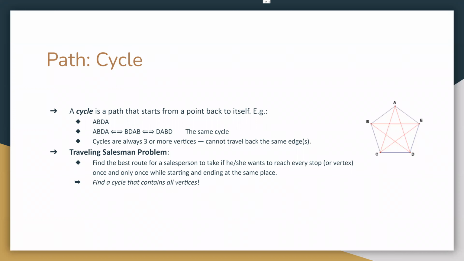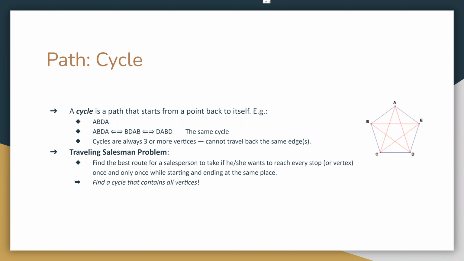What that problem asks you to find out is that on a map, where you have cities and roads between these places, or villages and roads, the problem asks you to find a cycle that contains all the vertices, all the nodes, or in the salesperson's problem case, all the cities, all the towns that this person has to go to, sell stuff, and then eventually come back home, to where he or she started.